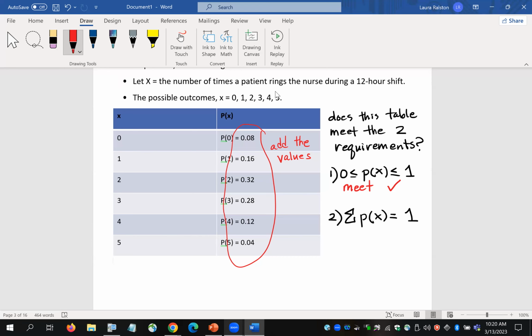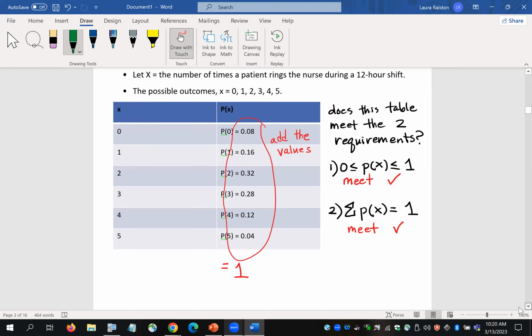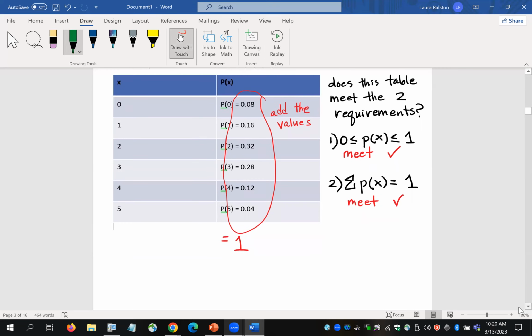And when I add them up, I do get a value of exactly 1. So again, I meet the second requirement, which means yes, this table is a probability distribution because both of the requirements are met.